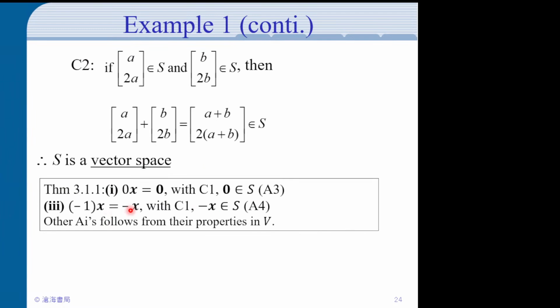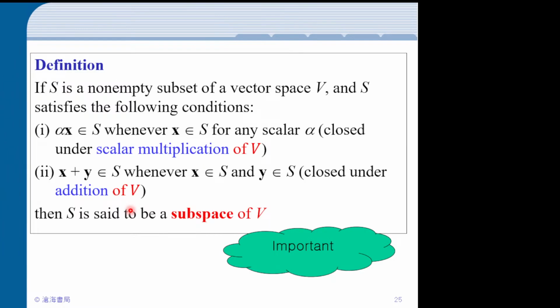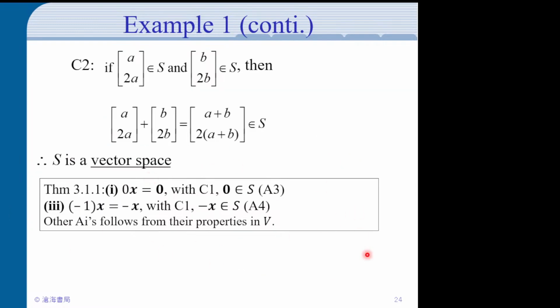As we said, being a vector space needs to satisfy 10 properties. There are 2 closure properties, and you need to check the other 8, and 2 of them are a little more tricky to check: that 0 is inside S and minus x is inside S. Those 2 you can use theorem 3.1.1 to check, because with closure we know that 0 times x is inside S, and from 3.1.1 we know this is the 0 vector.